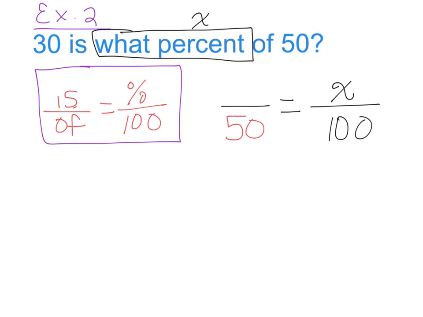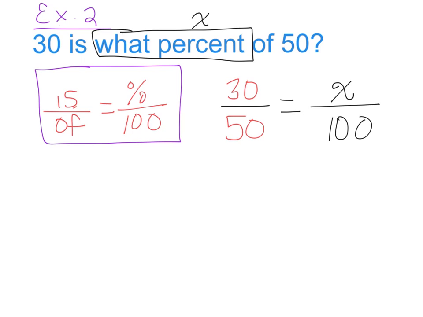Now I also see that my part, which can also be said as is, is right here. It says 30 is. Okay, so normally the number will come before the word is. Not always, but most of the time it will. So I'm going to put my 30 as my part. Now I have a proportion here that I can solve.